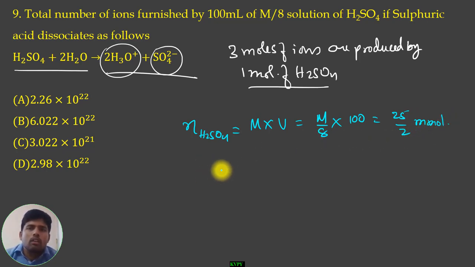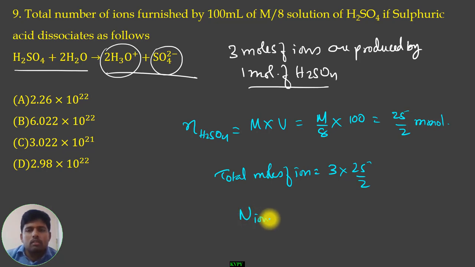That means if 1 mole of H₂SO4 gives 3 moles, 25 by 2 mole will give total moles of ion equal to 3 into 25 by 2. So number of ions is equal to 75 by 2 into 6.02 into 10 power 23.